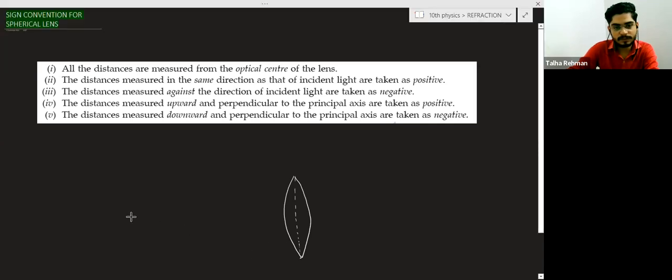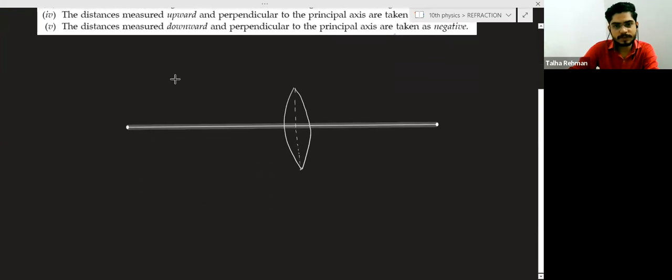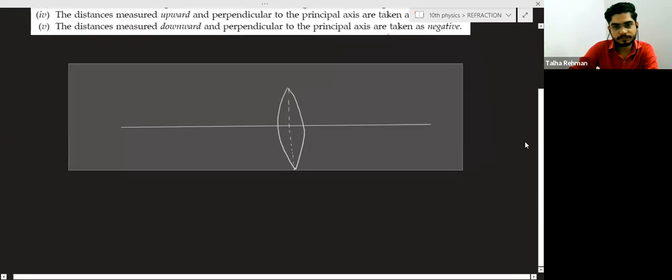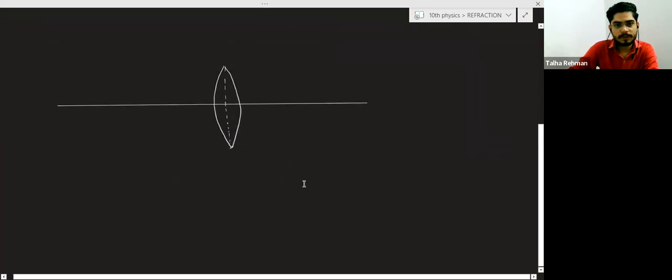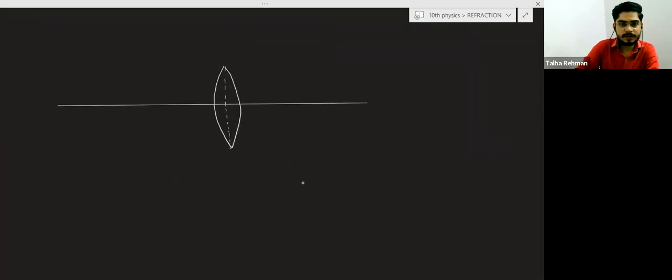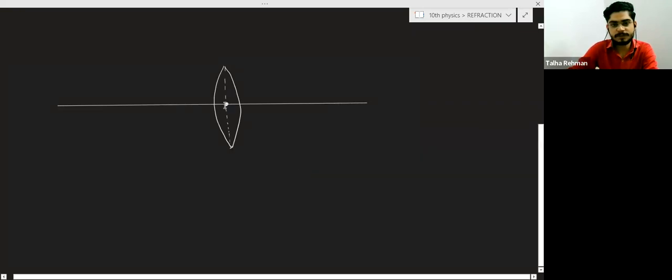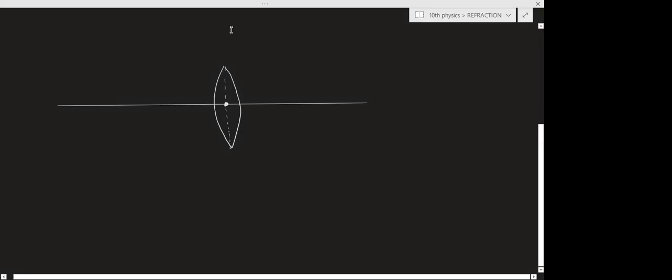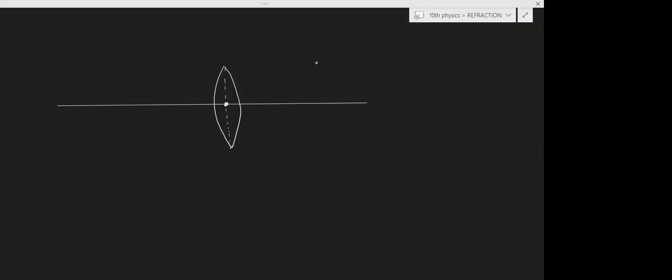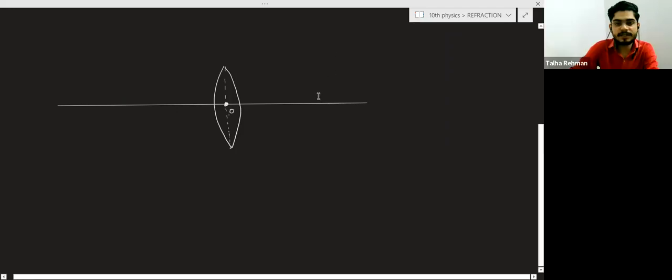Suppose this is the principal axis, and what is this point, Azaan? Optical center. Yeah, optical center. Good. And this line is the principal axis. So all the distances will be measured with respect to this point and with respect to this line.